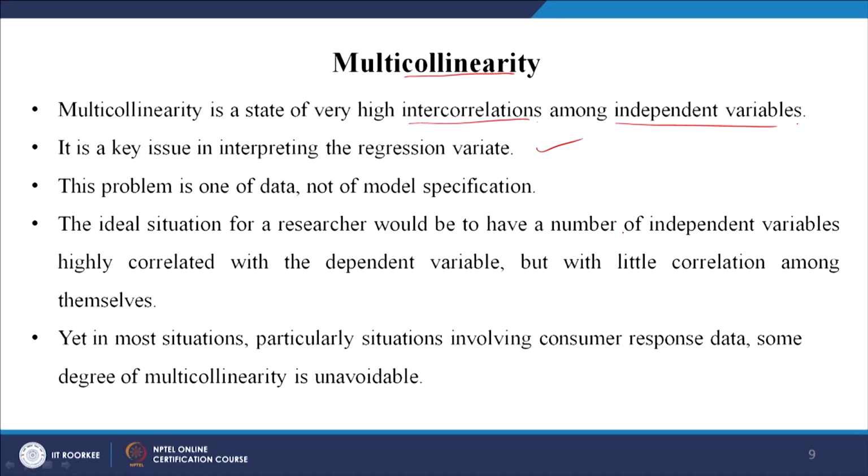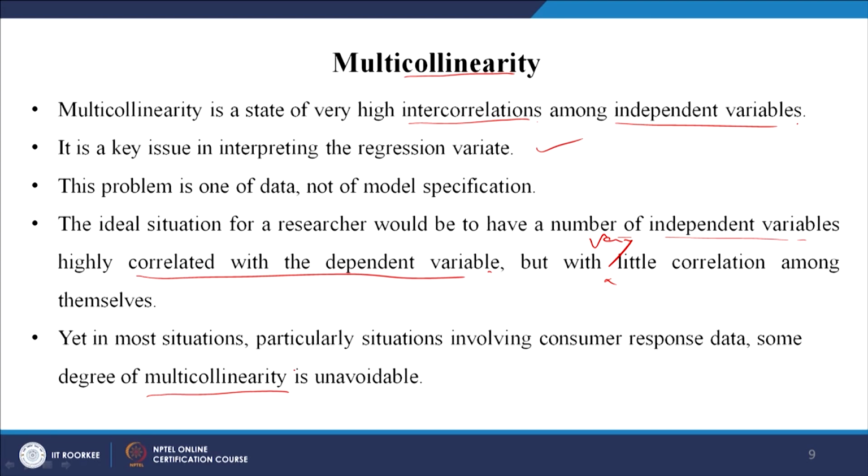The ideal situation for a researcher would be to have a number of independent variables highly correlated with the dependent variable, but with very little correlation among themselves, that means among the independent variables. Yet in many situations, particularly involving consumer response data, some degree of multi-collinearity is unavoidable.